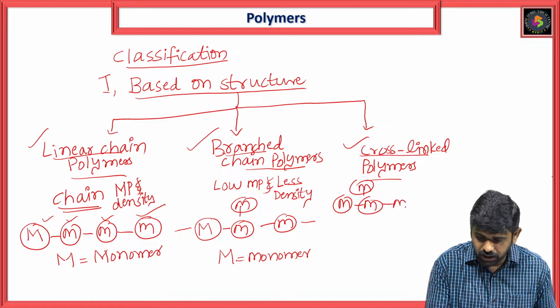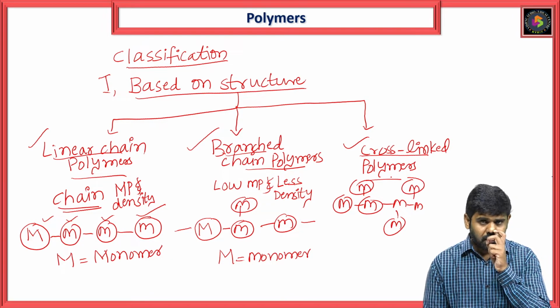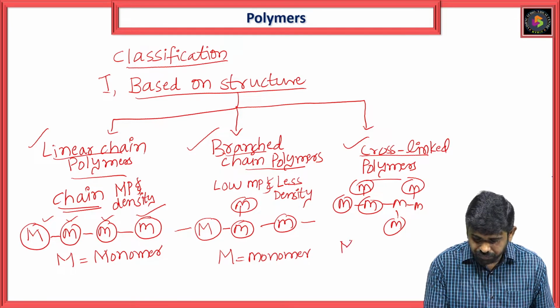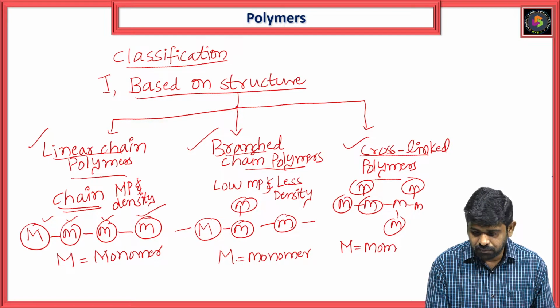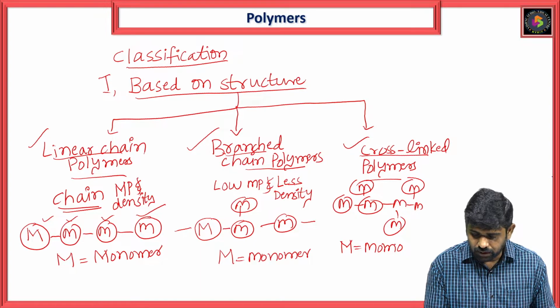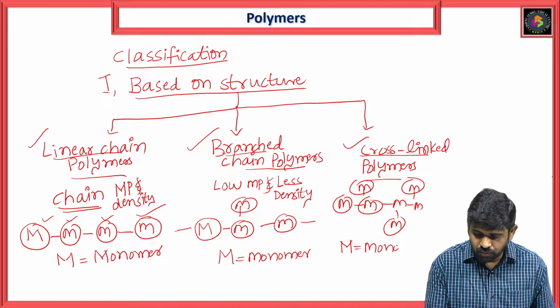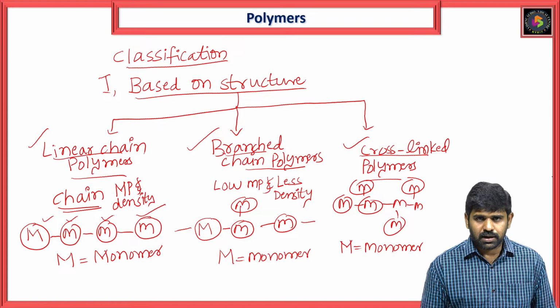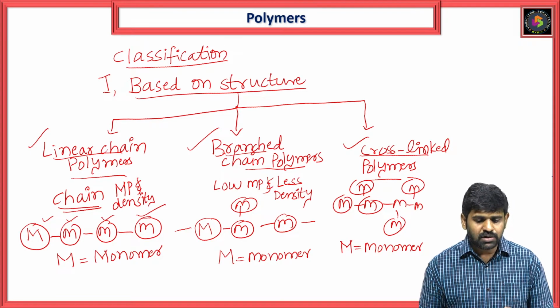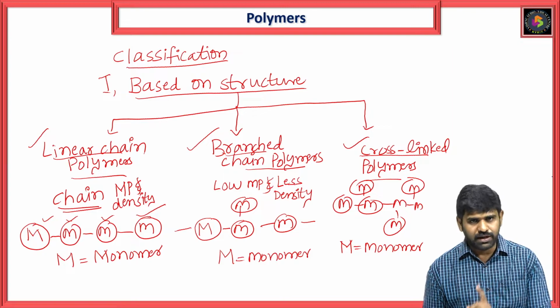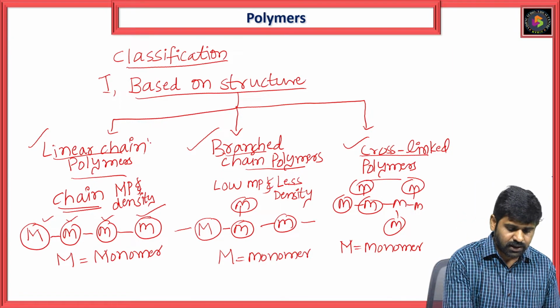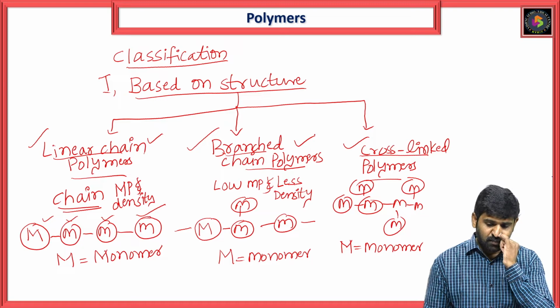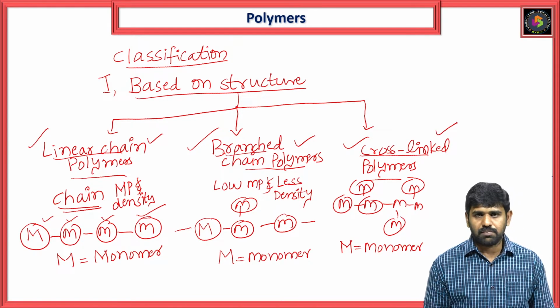This is a cross-linked polymer, where M is monomer. So based on structure, polymers are of three types: linear chain, branched chain, and cross-linked polymers.